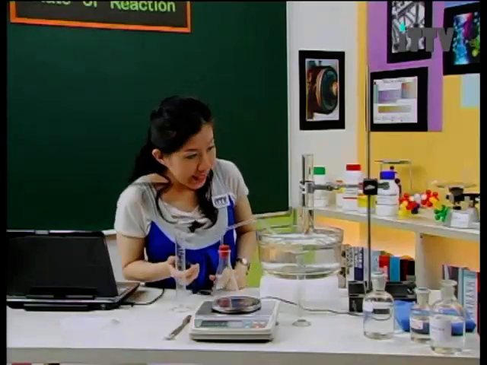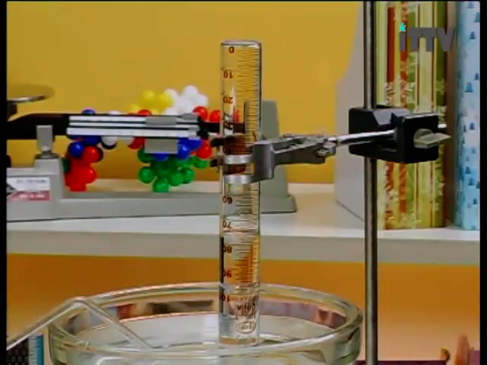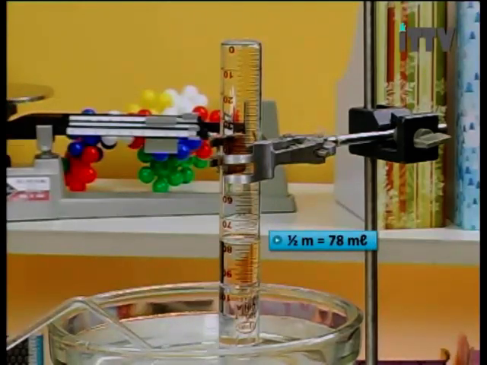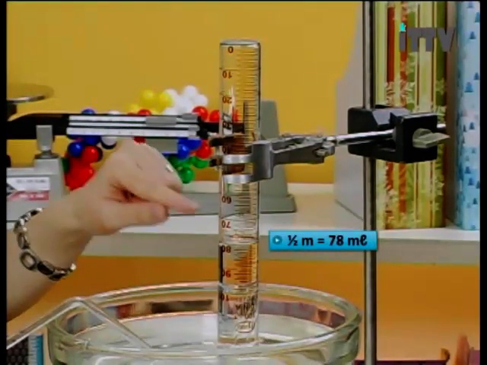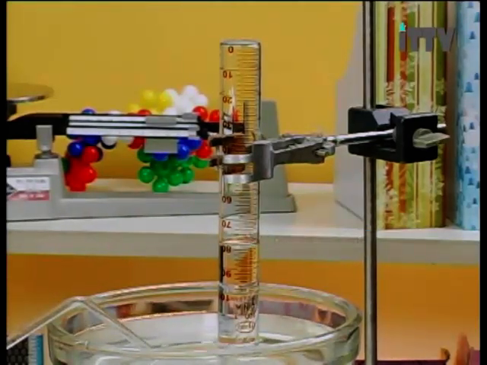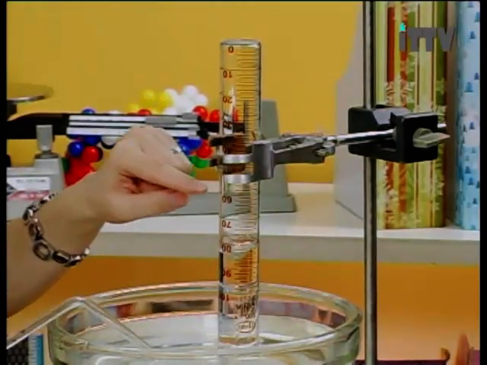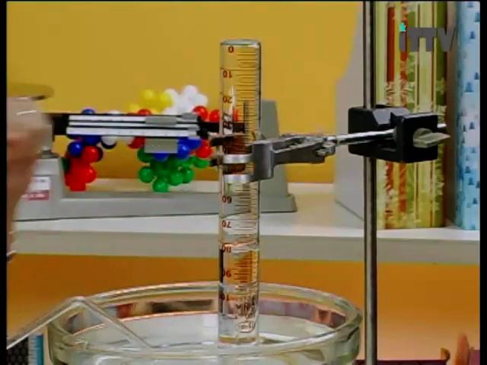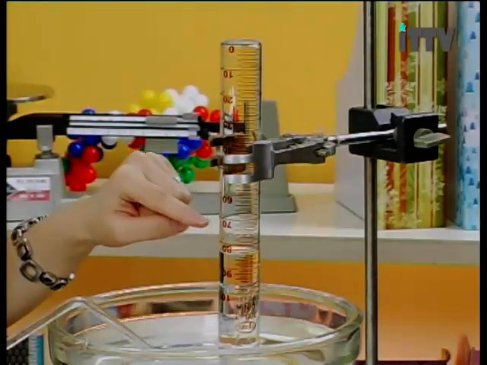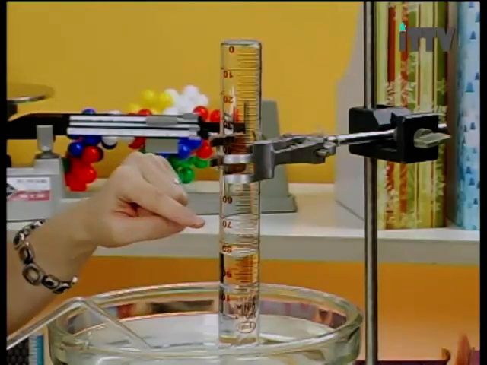Now, at 30 seconds, I would say that there would be 78 mils of CO2. So for the first 30 seconds, the first reading is 78 mils of carbon dioxide produced.